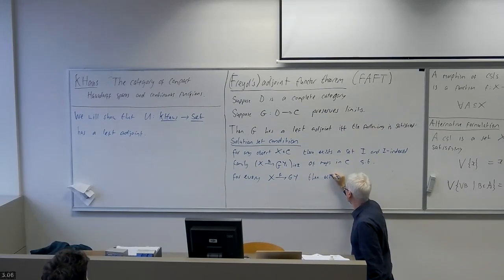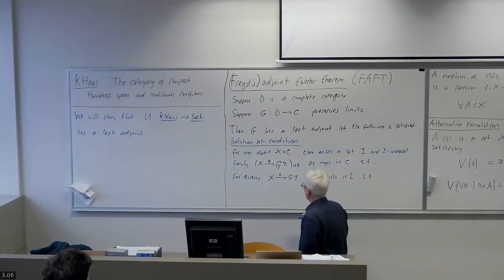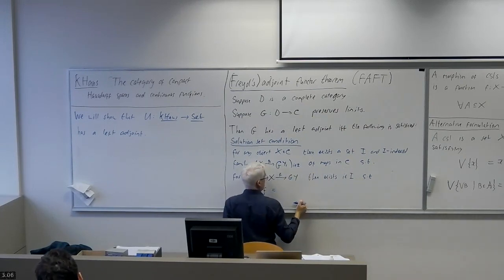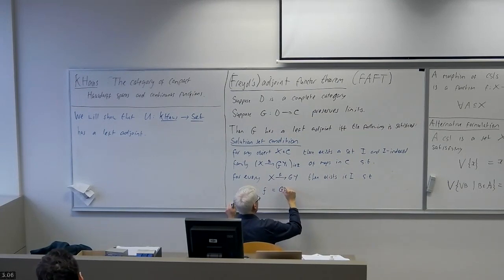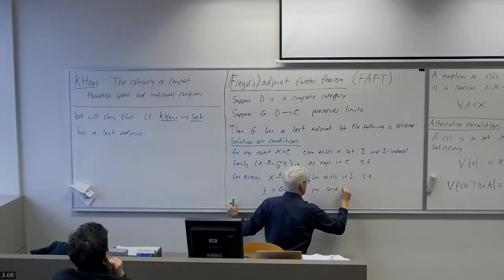There exists an index little i, such that the morphism F factors as G of H composed with G sub i for some H.